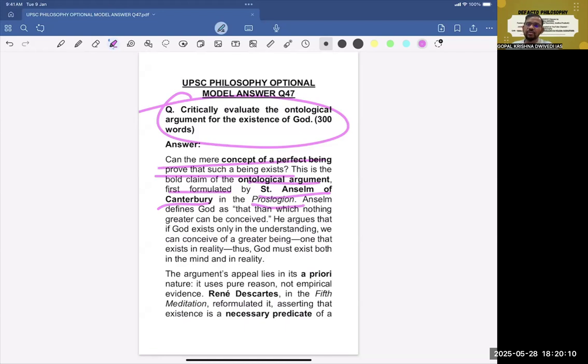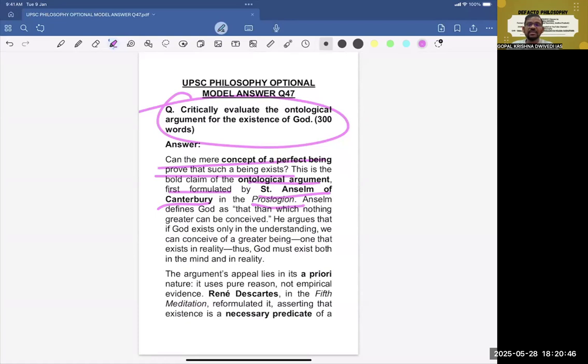I will read it again to make clear what the strategy is. These are very engaging lines giving good information, and the first impression on the examiner will be quite good. Can the mere concept of a perfect being prove that such a being exists? This is the bold claim of the ontological argument, first formulated by St. Anselm of Canterbury in the Proslogion. Now we will definitely elaborate, and some other thinkers have further added to the ontological argument, which I will also explain.